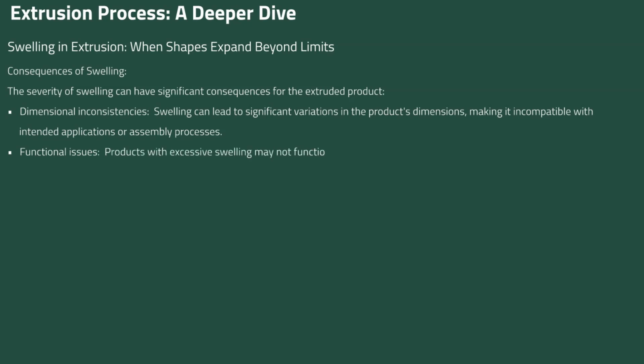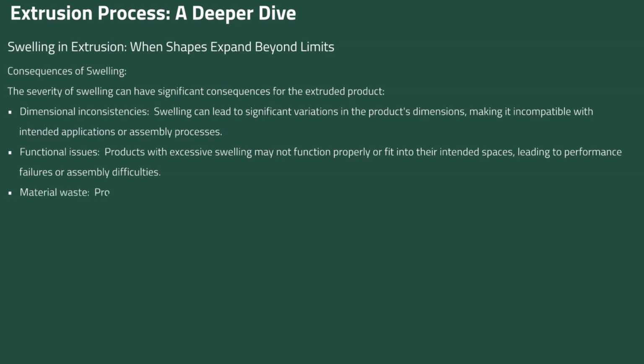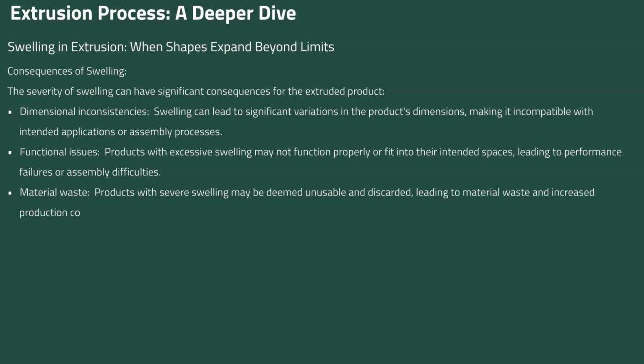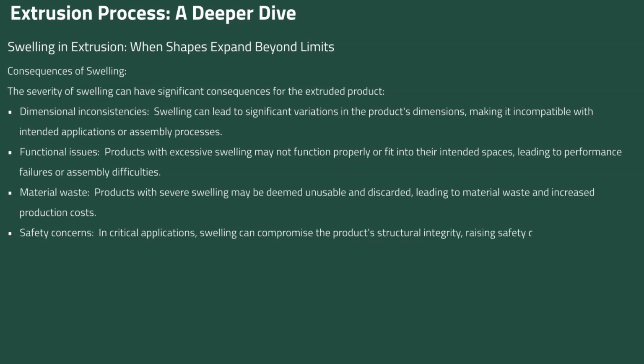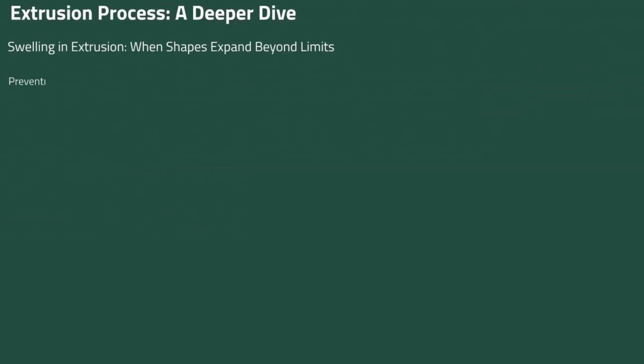Products with excessive swelling may not function properly or fit into their intended spaces, leading to performance failures or assembly difficulties. Material waste. Products with severe swelling may be deemed unusable and discarded, leading to material waste and increased production costs. Safety concerns. In critical applications, swelling can compromise the product's structural integrity, raising safety concerns.